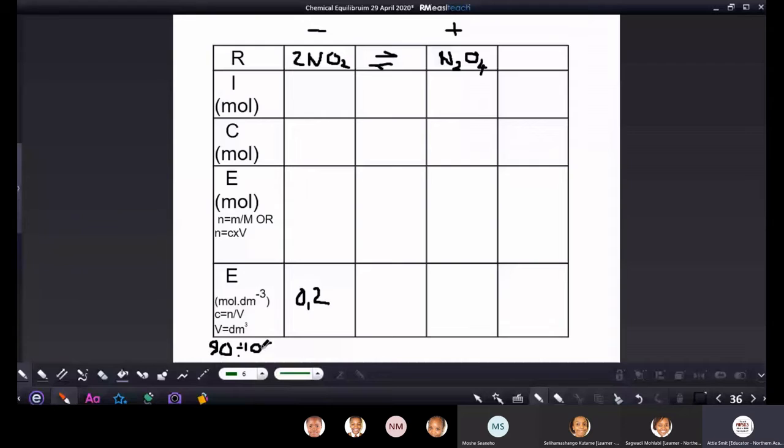Do I divide by 100? So isn't it 1,000? Is it 1,000 cubic centimeters to cubic decimeters? Yes, sir. Are you sure? Yes, sir. Is it correct?